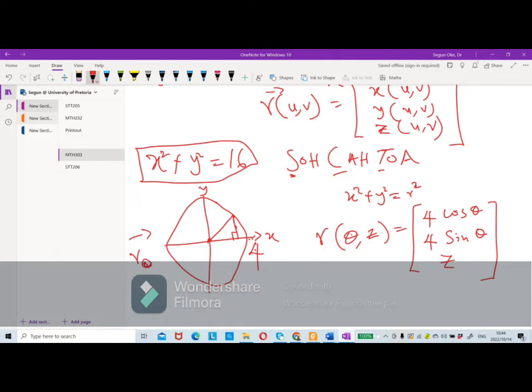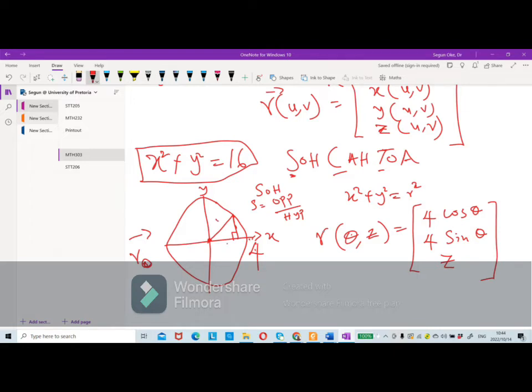So sine equals opposite over hypotenuse. Which one is opposite here? Our opposite is y, sir.